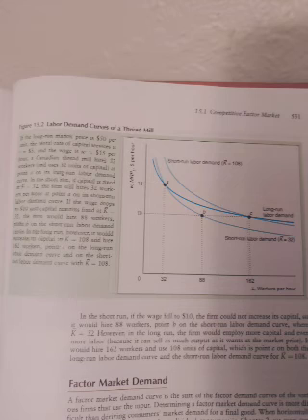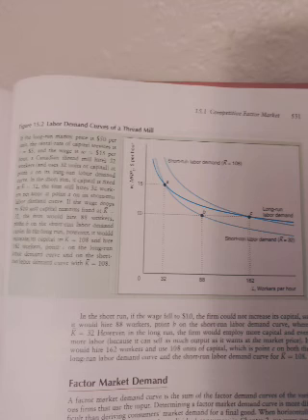Now the text reads, if the long run market price is $50 per unit, the rental rate of capital services is R equals $5, and the wage is W equals $15 per hour, a Canadian thread mill hires 32 workers and uses 32 units of capital at point A on its long run labor demand curve.